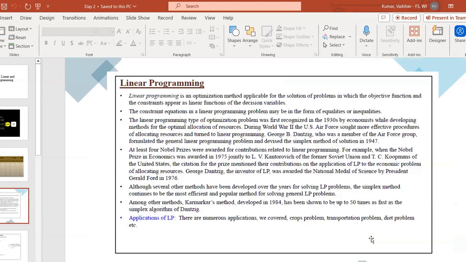Linear programming is an optimization method applicable for the solution of problems with objective function and constraints in linear form, that is, linear functions of decision variables. The constraint equations in a linear program may be in the form of equalities or inequalities.